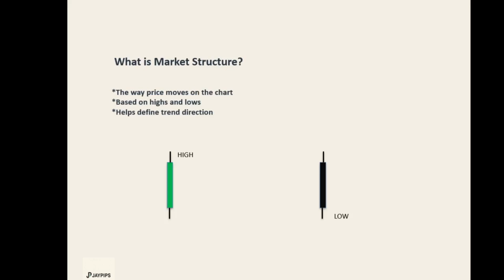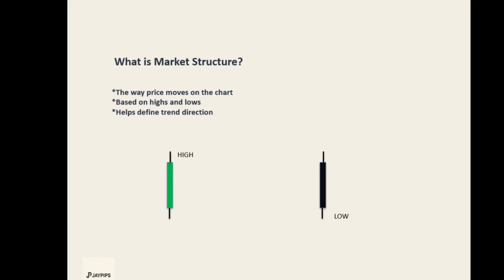So now, when we say market structure, we are simply talking about how price moves on the chart. And as a forex trader, we have to understand that price forms highs and lows. That's it.